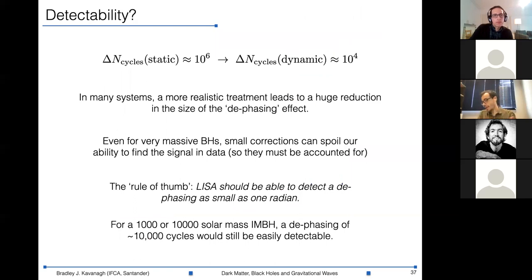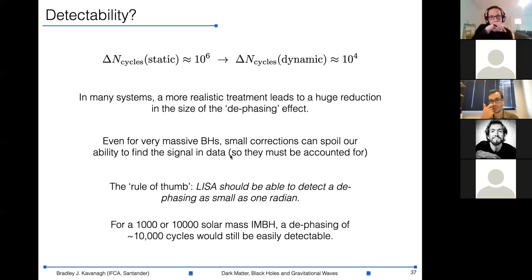And so this looks like bad news, right? We've decreased this huge and obvious signal from an order 1 effect down to maybe 1% or a per mil level effect. And even if we say, well, for heavier objects, this is a smaller correction, actually, we need to have very, very precise waveforms if we want to do this well.